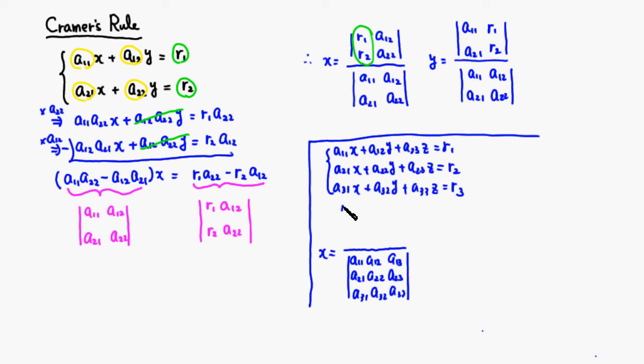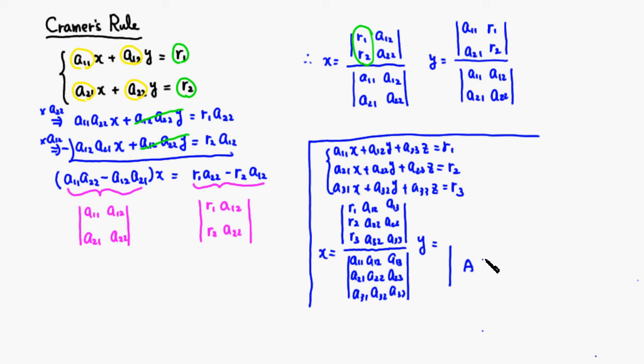Then you replace the first column, because it's the first variable, by the right hand side, r1, r2, r3, but the rest stays the same, a12, a13, a22, a23, a32, a33.